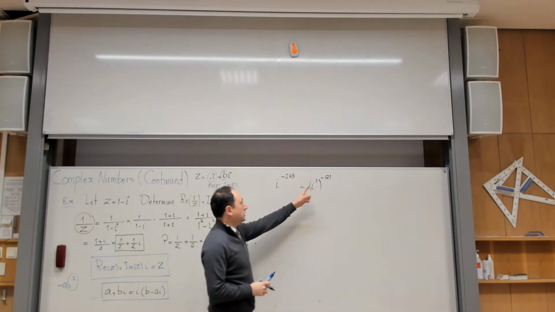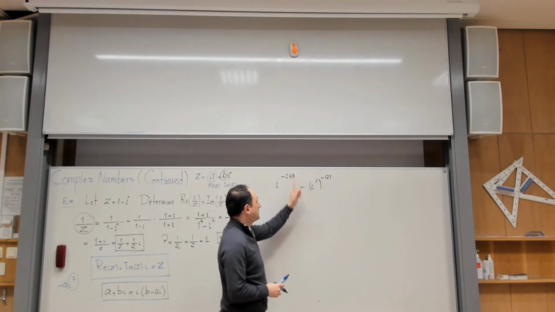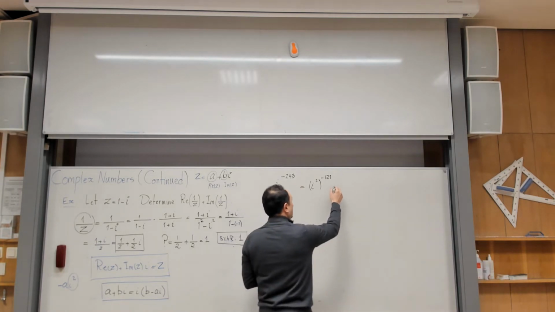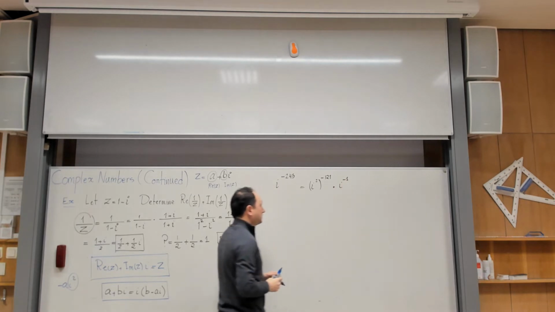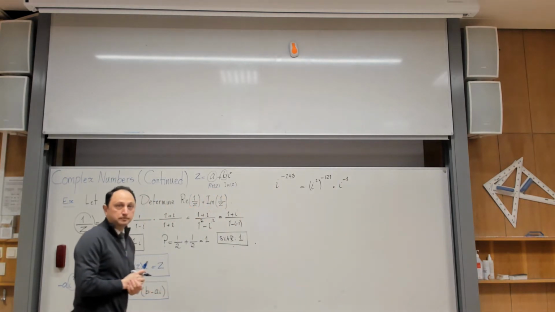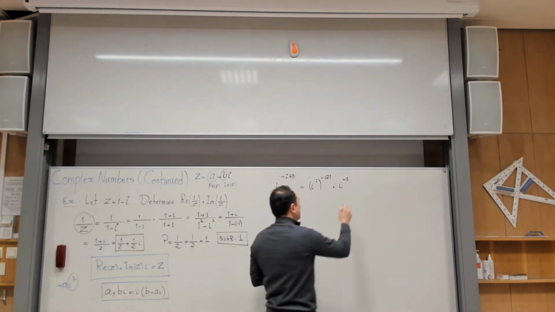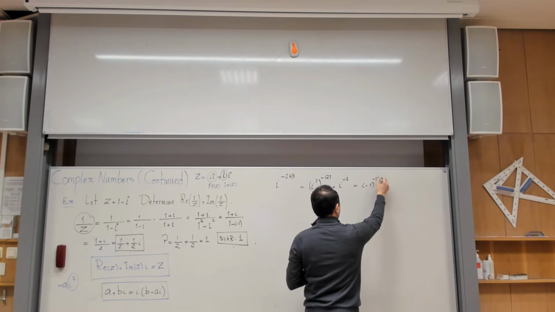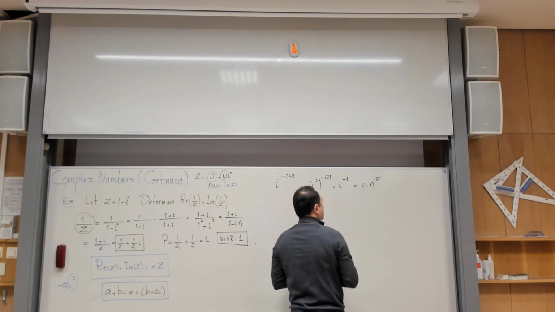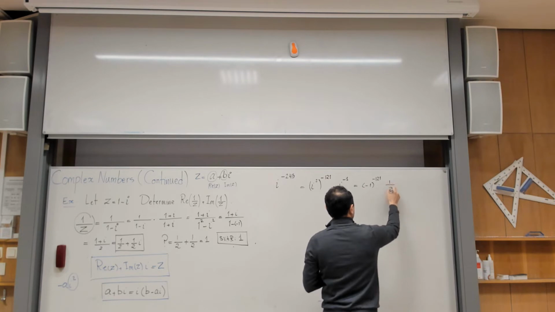So this becomes 242. I have one negative power left, so I have to multiply by I to the power of minus 1. Yes? But I squared is minus 1, so this becomes minus 1 to the power of minus 121. And then I to the power of minus 1 is 1 over I.